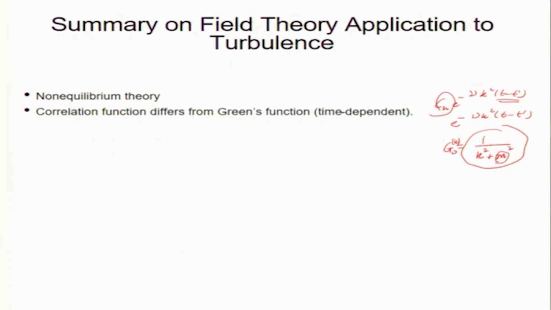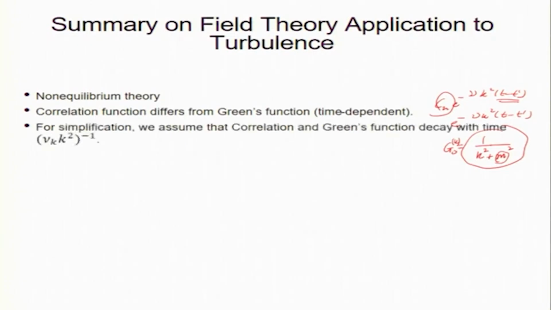So, you can see the Green's function is very different. I hope you remember this one after the course. They are time dependent, and they decay with this decay rate, the viscosity we found, which is changing with time.